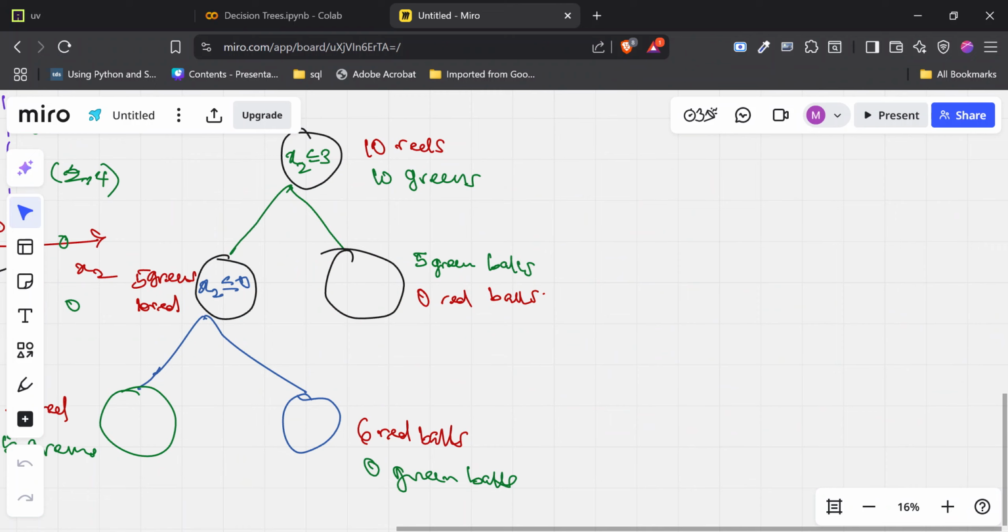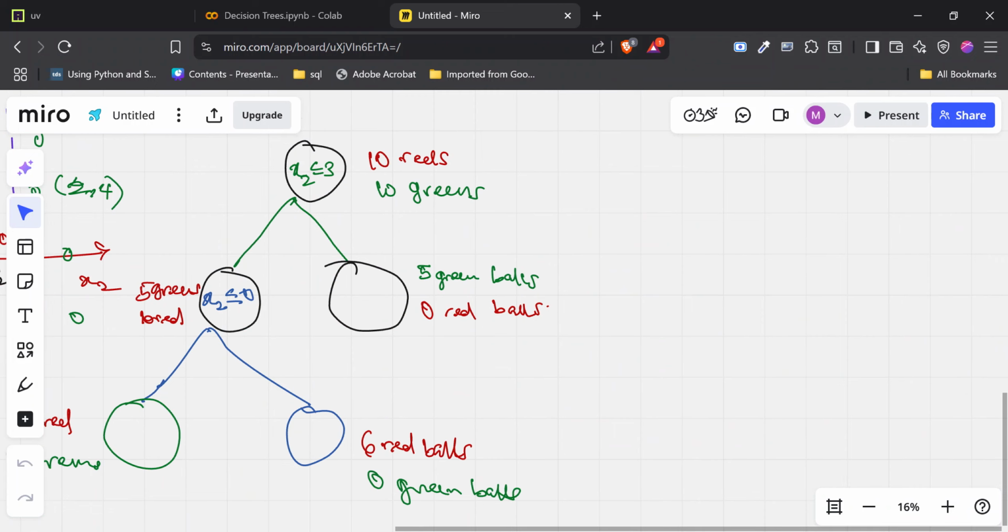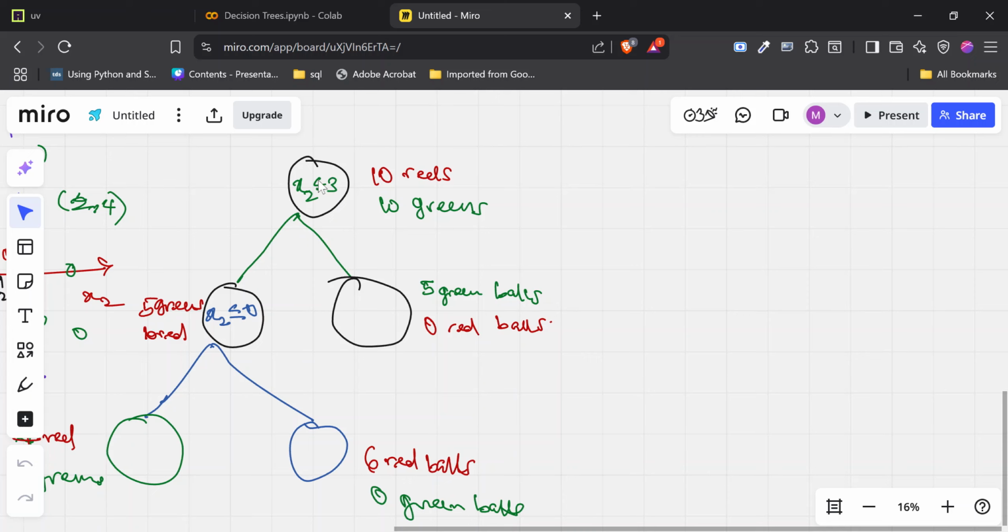So basically, the way the system knows the appropriate split to take is by computing this. Information gain is going to be the entropy of the parent minus the summation of wi, which is the weight.